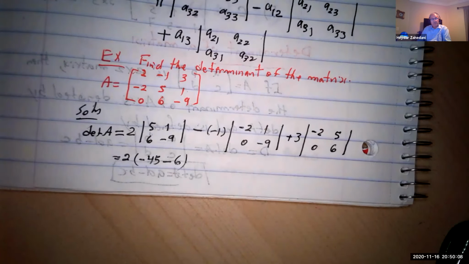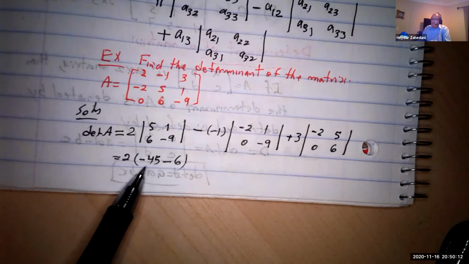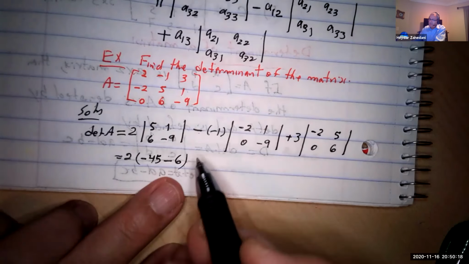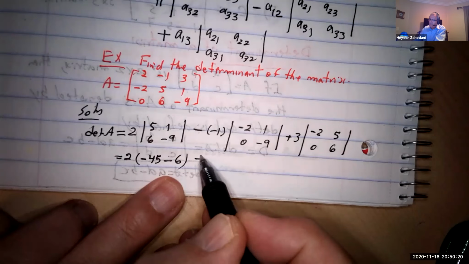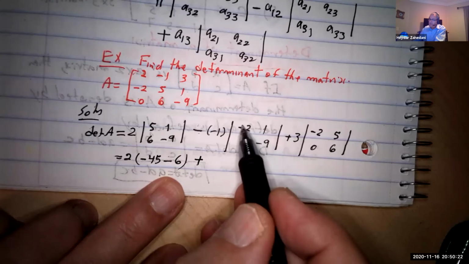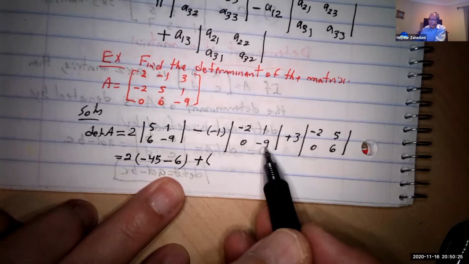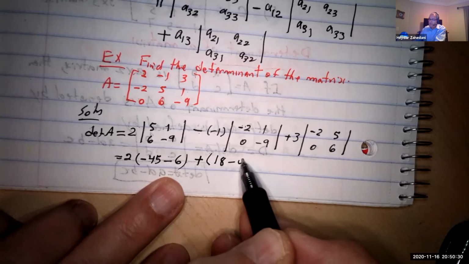For the 2 by 2, you just use cross multiplication. Okay, this is it. 5 times -9, -45, minus 6 times 1. Negative would be positive, positive. Do it. -2 times -9 would be positive 18. Minus 0 times 1, 0.